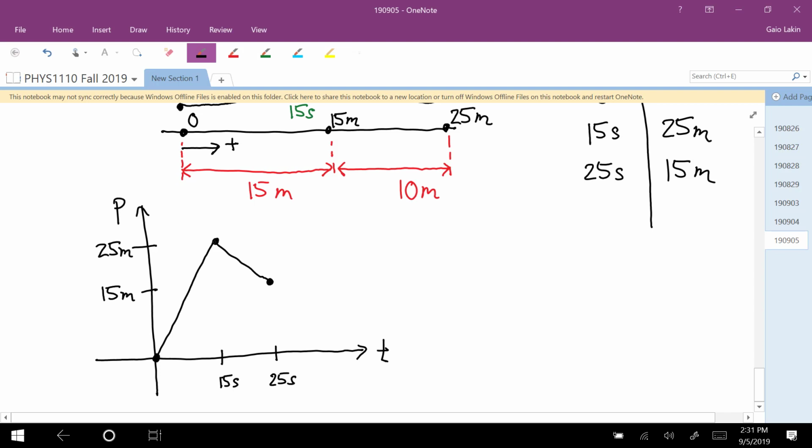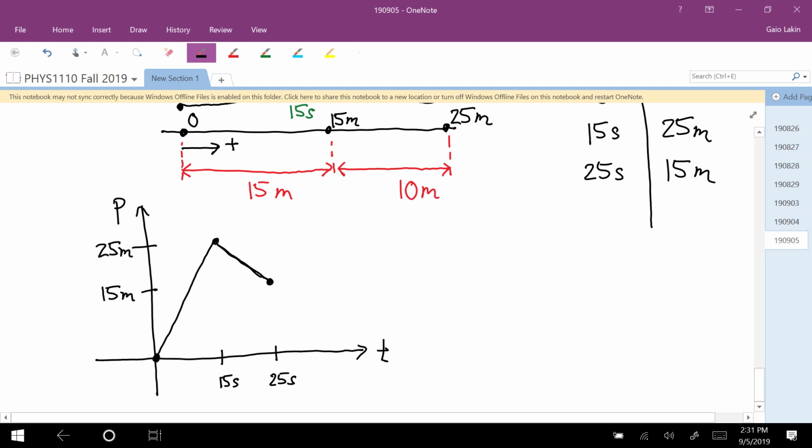Okay, so this graph tells us whatever time you want to know. I guess in this case, we're just sort of guessing what happens between these points. But say you want to know where the person would be at 10 seconds.